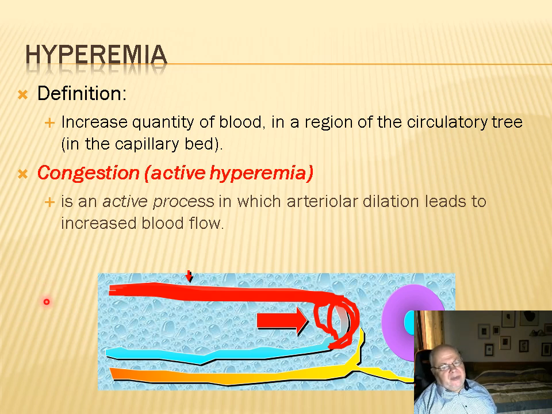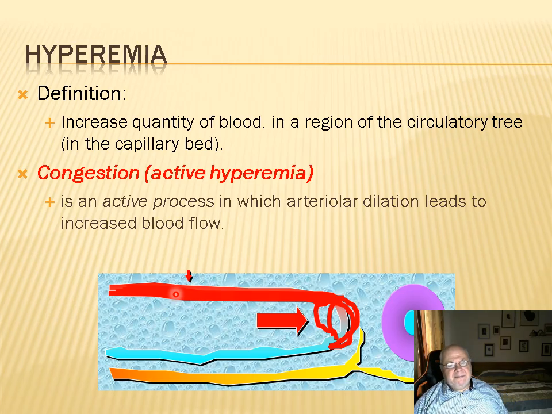By congestion, we understand that the increased quantity of blood in the capillaries results after a dilatation of the precapillary arterial vessels, which has as a consequence an increase of the volume of blood entering the capillary.